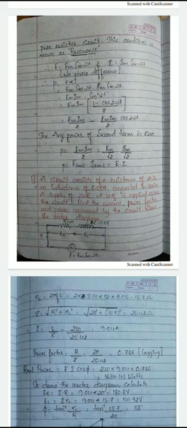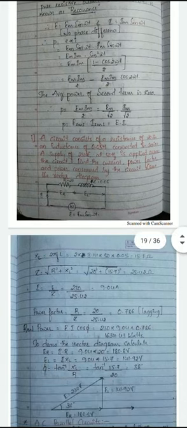L is 0.05 Henry, right? But to solve the problem what we require is inductive reactance, right? Which is nothing but XL. We know that XL is equal to omega L, where omega is equal to 2 pi f.